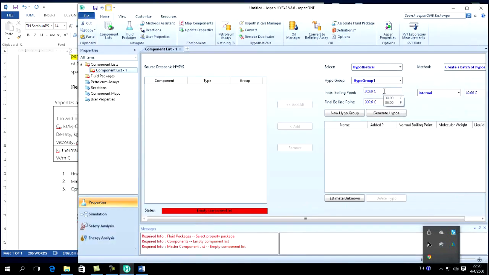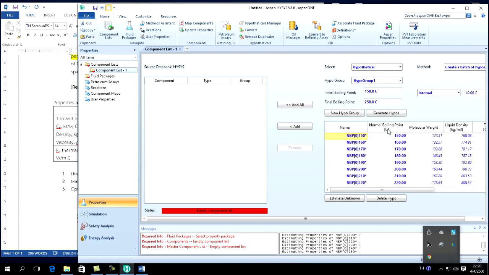Well, since we know that the initial boiling point of kerosene starts from 150 degrees Celsius to 250 degrees Celsius, if I let the interval be 10 degrees Celsius as a default, after generating the hypotheticals, I can get some components which each have a particular density.